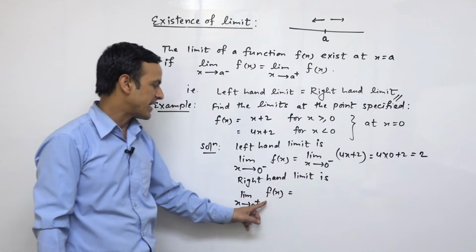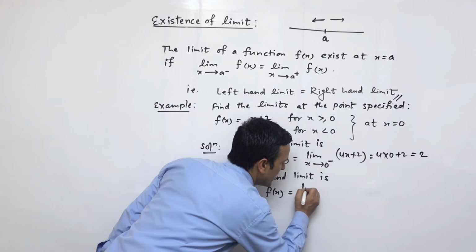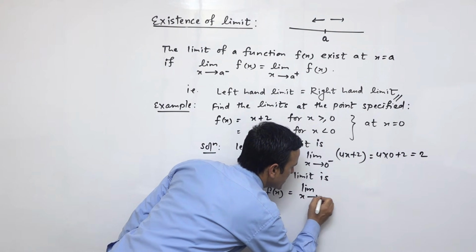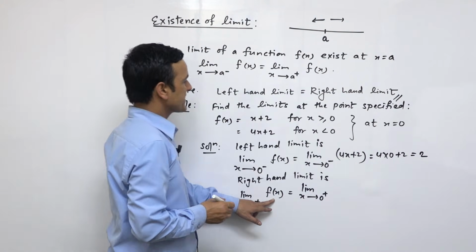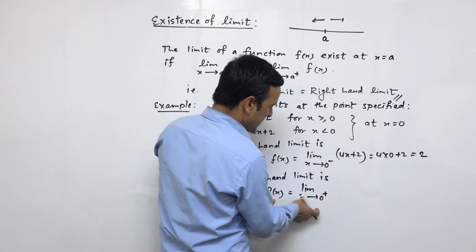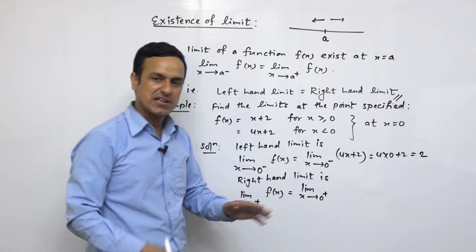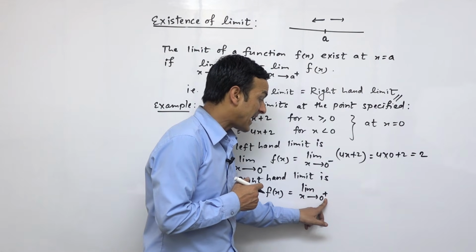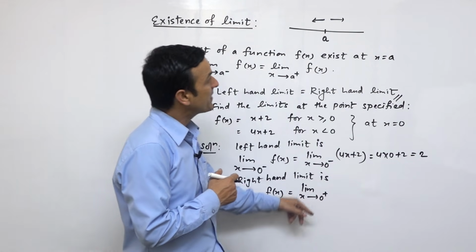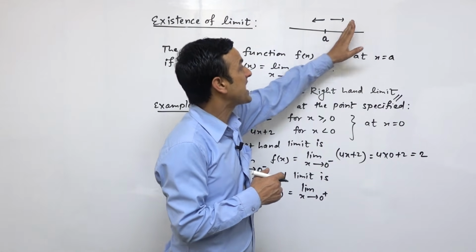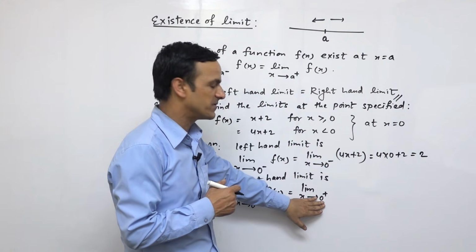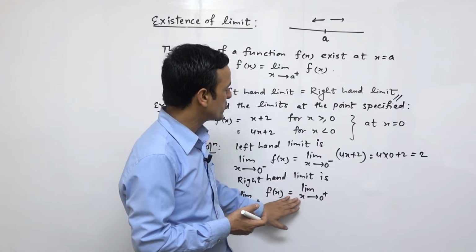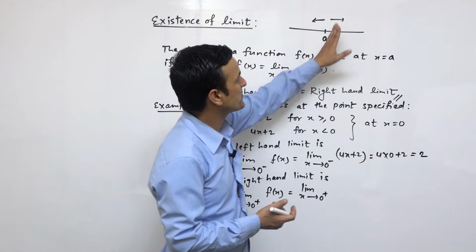So x tends to 0 plus means x is greater than 0. The value of x taken from right side of that point. So if 0 is the point, then we should take the value of x from right side.